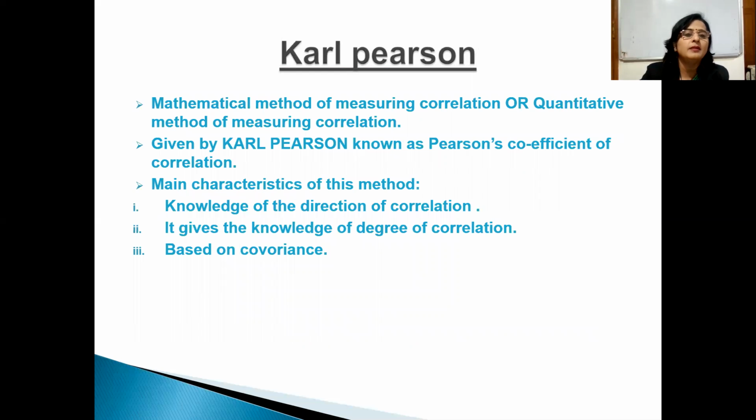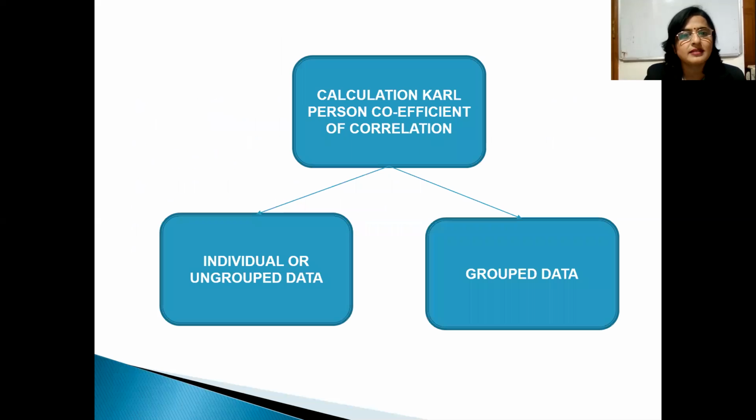Now next is the Karl Pearson coefficient of correlation. The main characteristics of this method are that it gives the knowledge of the direction of correlation and the degree of correlation. This Karl Pearson coefficient of correlation is based on covariance.